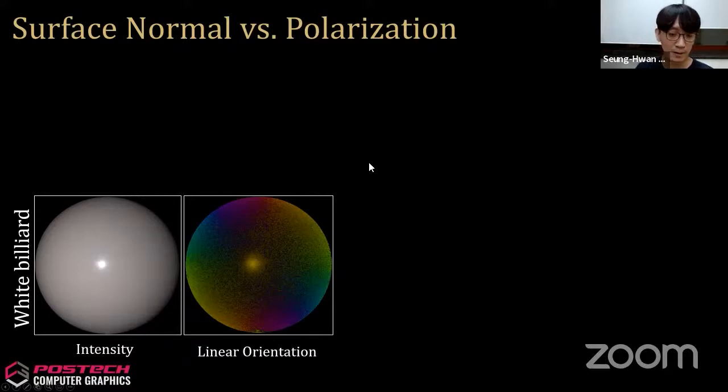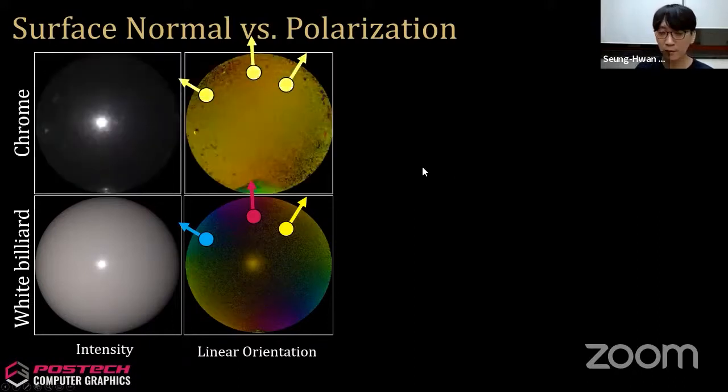Here you can see that the linear polarization's orientation is related to the surface normal, as indicated by this color. However, what we can find out here is that in this chrome material, the linear polarization's direction does not tell you about the surface normals of this object.